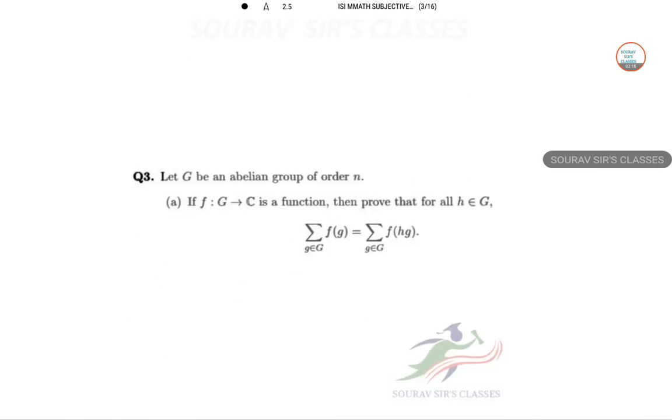So the next one is a group theory problem. G is given as an abelian group, the order is given as n, and f from G to C is a function. Then prove that for all h belongs to G, this is true. So this is very easy.